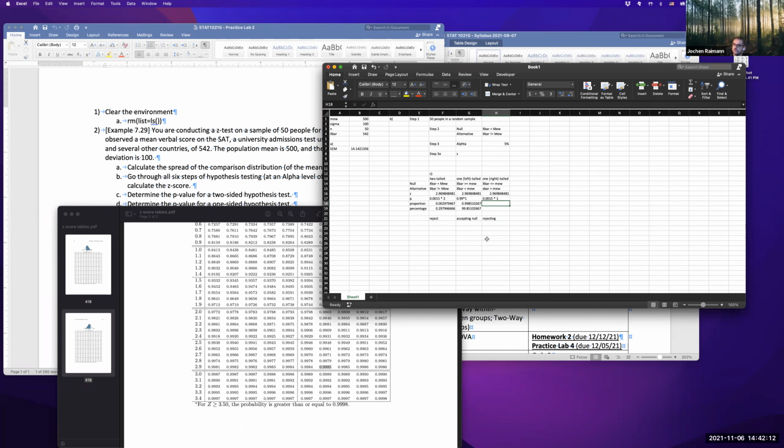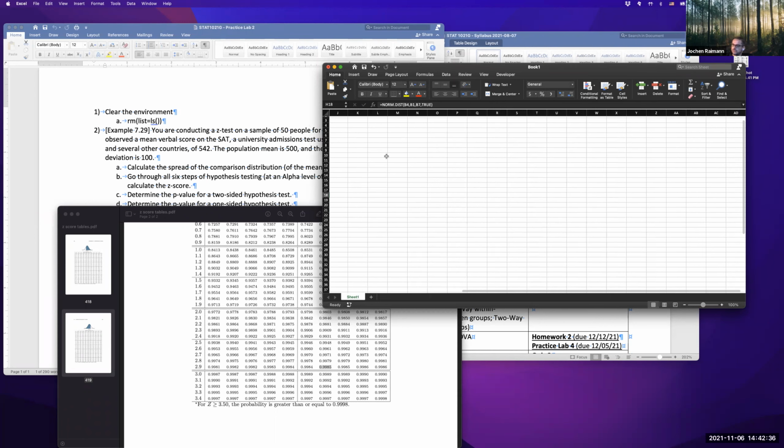So you're essentially now doing norm.dist with an x of 542, a mean of 500, a standard deviation of 14.14, and you're doing it cumulative. This is your 0.9985.